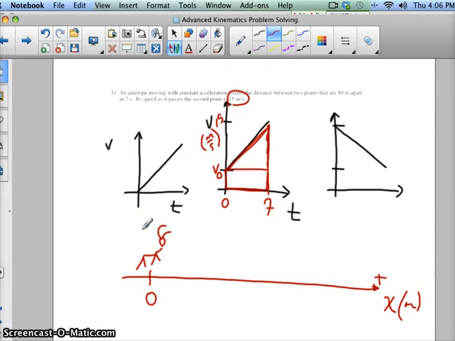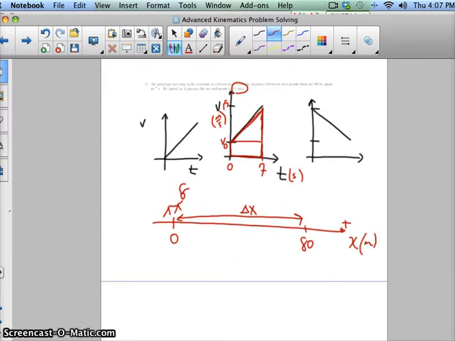But the total area of this velocity graph, by now you should realize that this area is going to be measured in meters, and it's going to be the displacement of the antelope. So whatever this change in position is, that's what that area is. So looks like that's 80. So we've got a change in position of 80 meters.